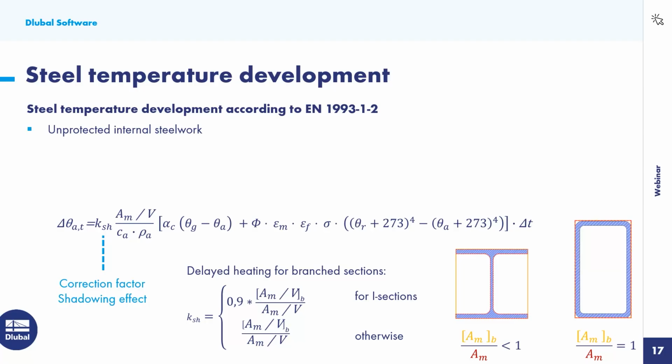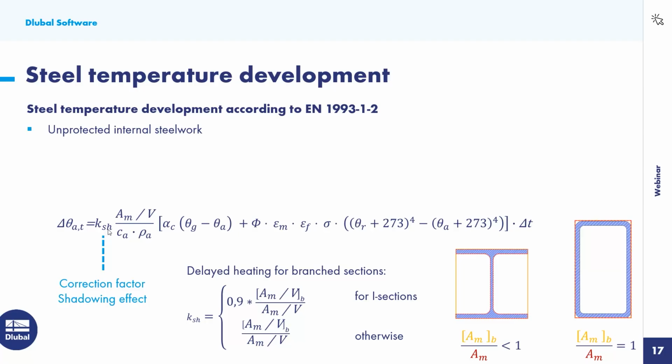For an I-profile, to calculate this, I would compare the length of the yellow line with the length of the profile parameter, or the red line, and this would result in a correction factor of less than 1 because the yellow line is much shorter than the red line. This then, because the shadowing effect factor is also in the numerator, would again lead to slower heating.